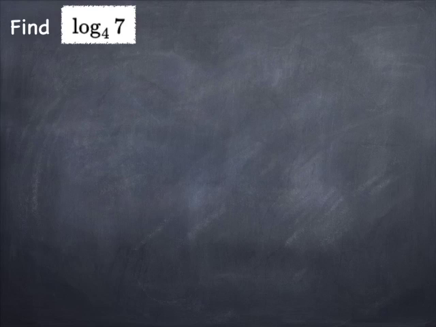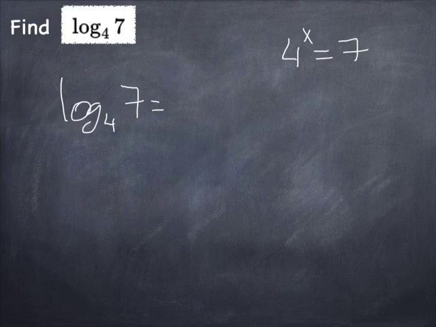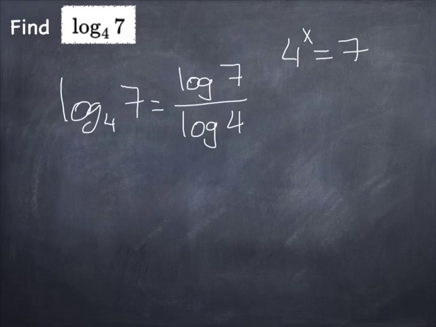Prior to this, we would try and do 4 to the x power equals 7 and rewrite it into the same base. Well, 7 isn't a power of 4 or a power of 2. 7 is prime. It makes our life more difficult. But what we can do is use the change of base formula. Log base 4 of 7 equals the log of 7 over the log of 4. And that I can figure out.